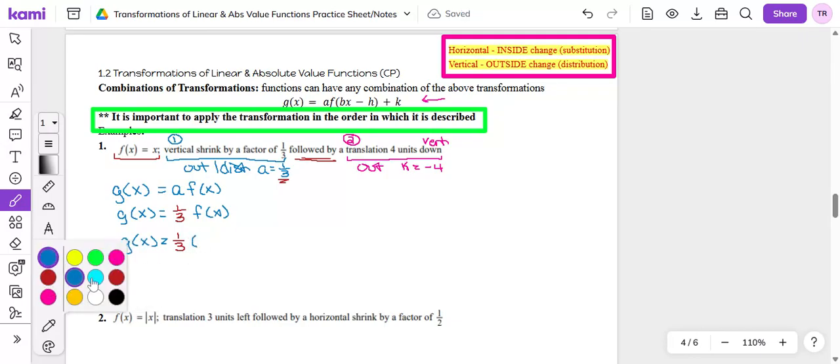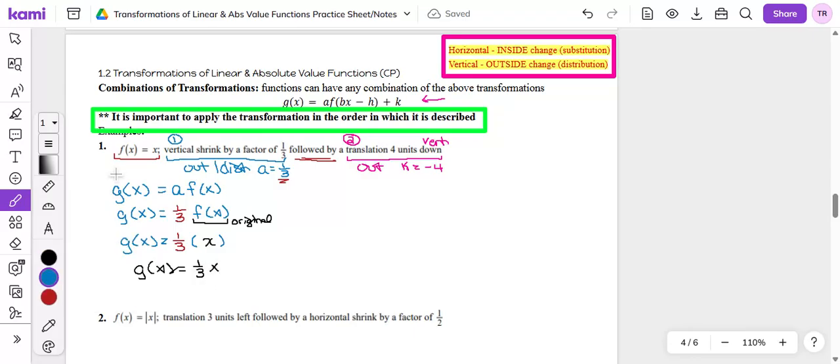And again, f of x being that original function, this is the original. Well, the original is just x. When I clean that up, I have g of x equals 1/3 times x is just 1/3 x.